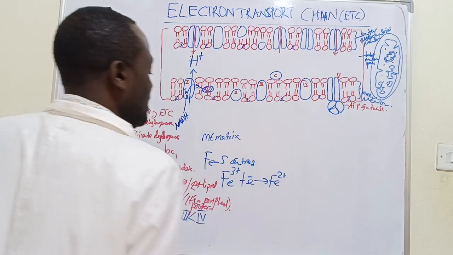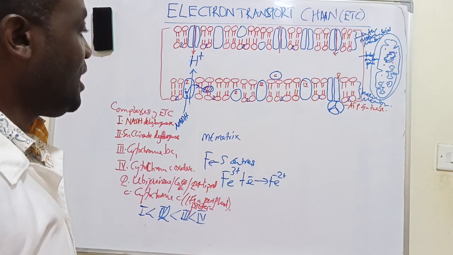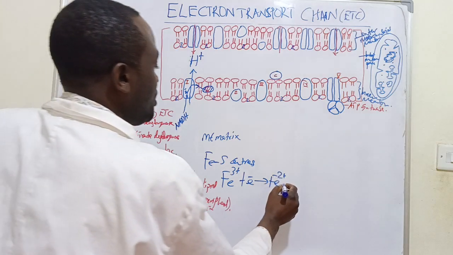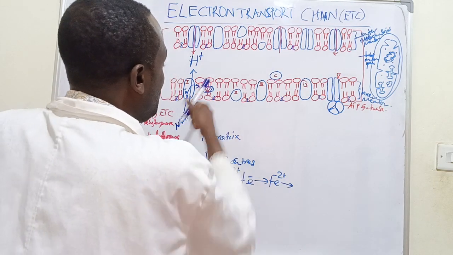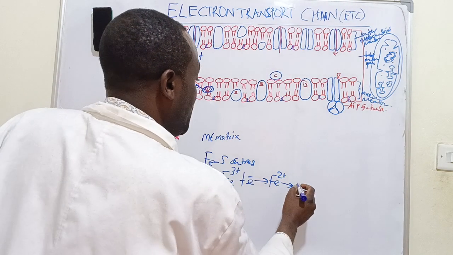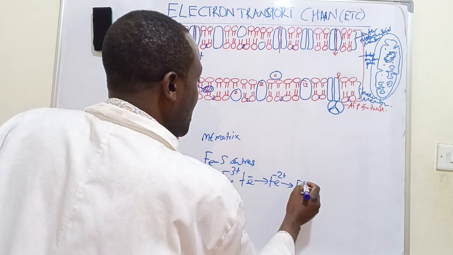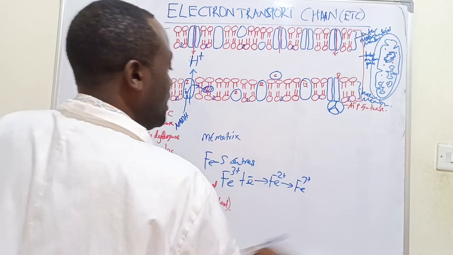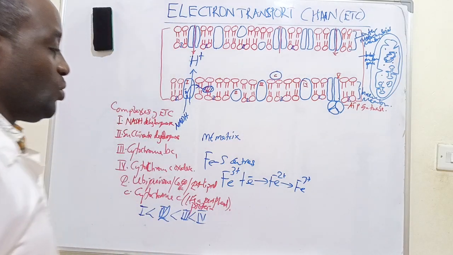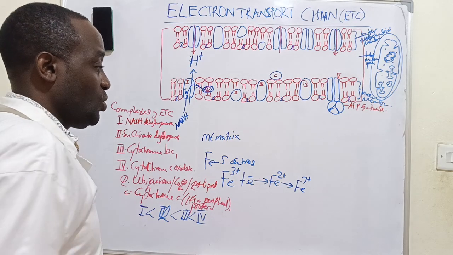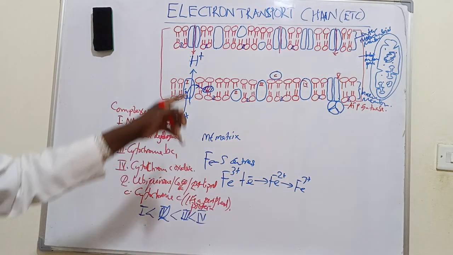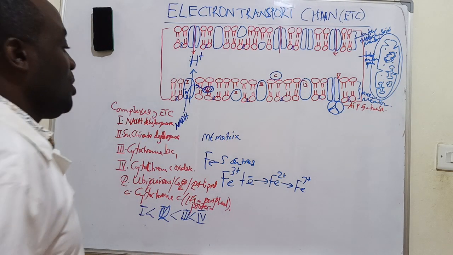Now we shall say that iron is reduced. Now, when iron loses the electron to coenzyme Q, iron goes back to +3. So that is the point.